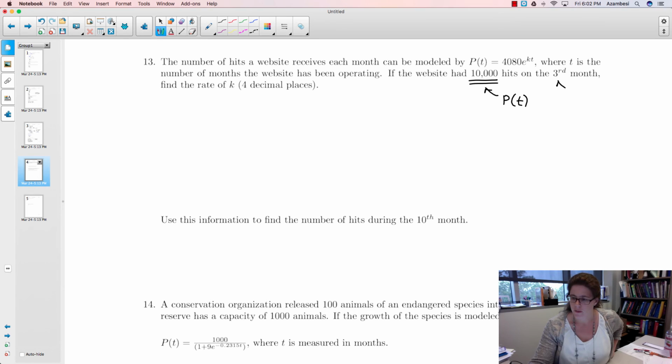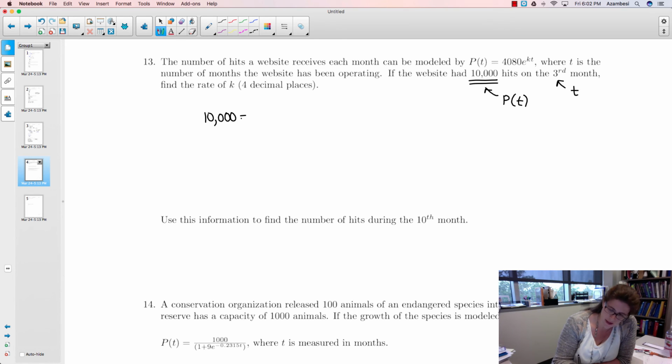Now here it's the third month, so that's an amount of time, and we can plug those things in in order to find k. So 10,000 is equal to 4,080 times e to the 3k power, because 3 is t. Dividing both sides by 4,080, so I have 1,000 over 408, I just knocked off my last zeros, equal to e to the 3k.